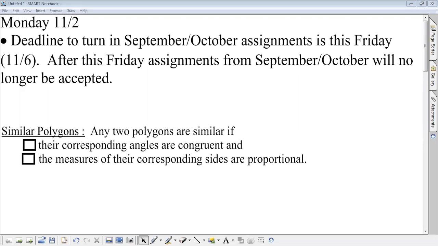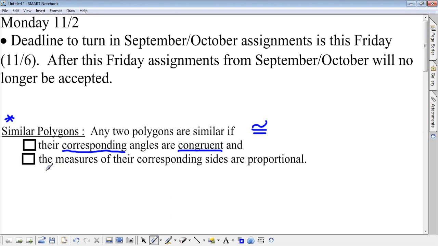Okay, so today I'm talking about similar polygons, and here's the definition of similar polygons. Any two polygons are similar if their corresponding angles are congruent. Remember, corresponding means in the same position, and congruent means that they're equal in measurement, and we use a symbol for congruent.